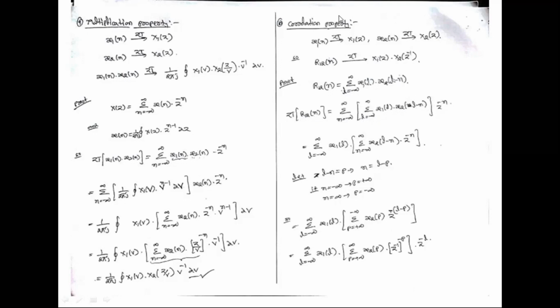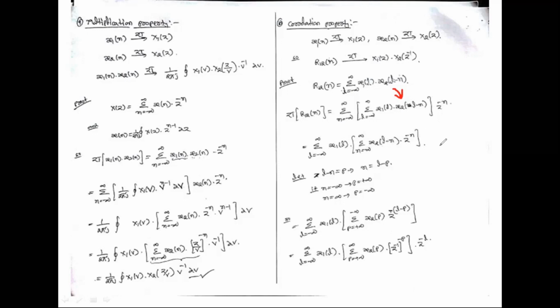Simply I substitute the signal in this equation. Then rewrite the l functions on one side and the n functions on the other side: the sum over l of x1 of l, and the sum over n of x2 of l minus n, z power minus n. These are all the n terms.